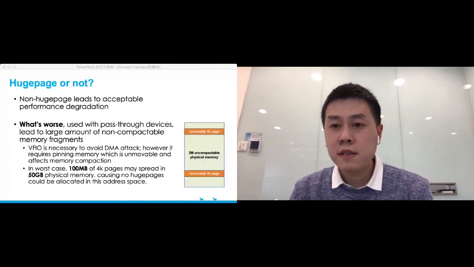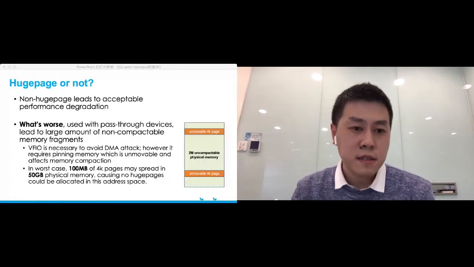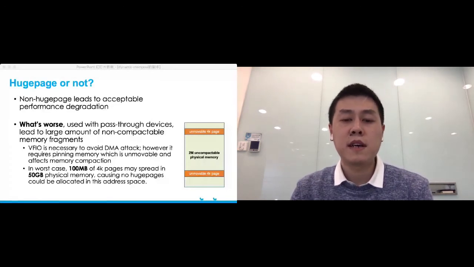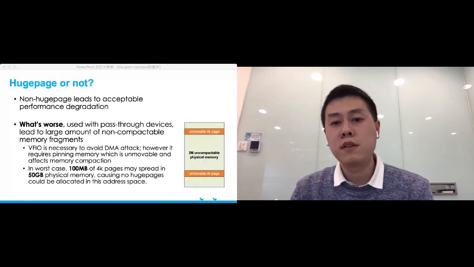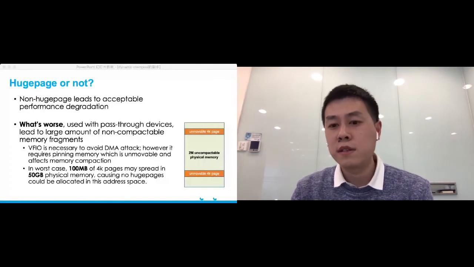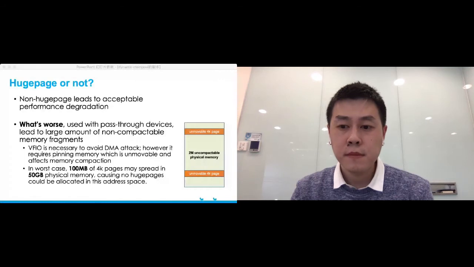In the worst case, 100 megabytes of 4K pages may spread in 50 gigabytes of physical memory, causing no huge pages to be allocatable in this area, and it could cause no huge pages to be allocatable for other applications who really need huge pages on the same host server.